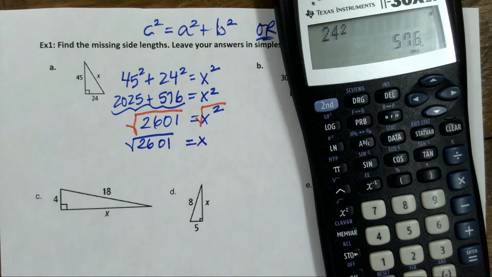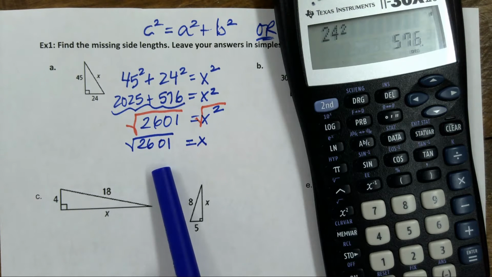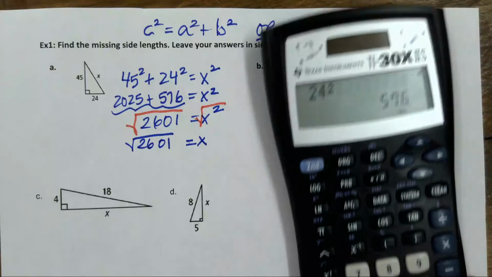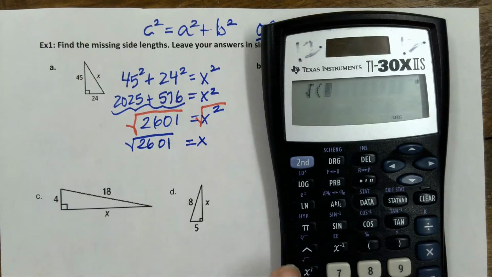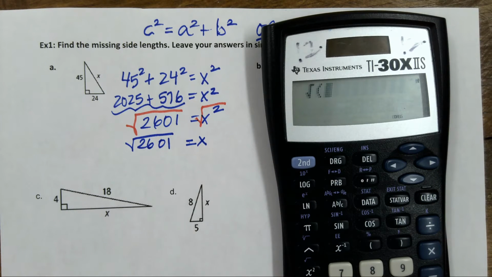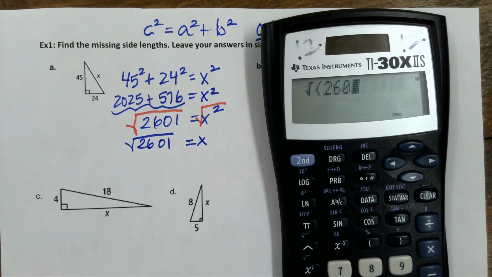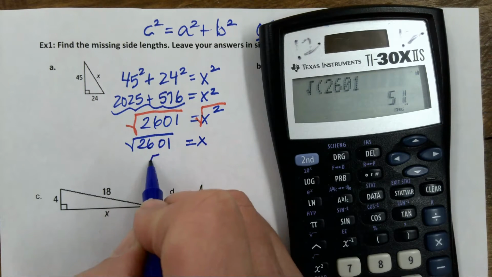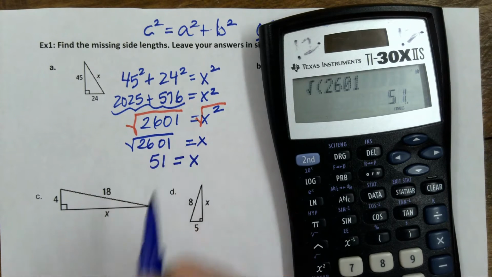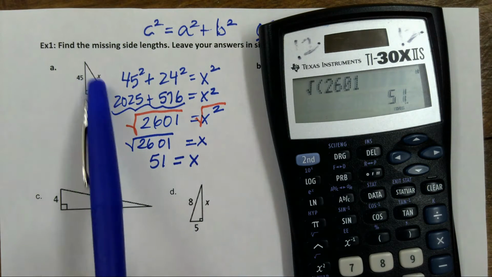Now, I don't want to just put a decimal down. If I plug the square root of 2601 in the calculator, using the second key squared, it comes out to be 51. So I get an exact answer and I am fine. I am done. I've figured out what my hypotenuse is.